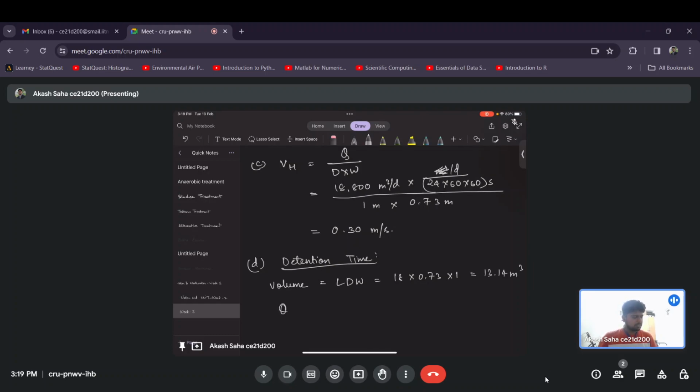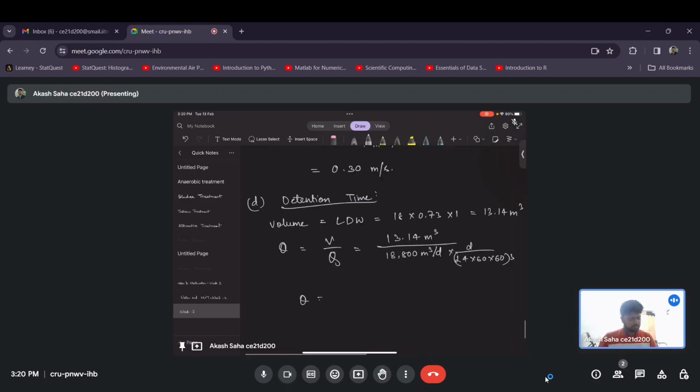And so my detention time theta will be equal to V by Q. So V is 13.4 meter cube and Q is 18,800 meter cube per day. And if I change it into seconds, day by 24 into 60 into 60. So my detention time theta will be equal to around 60 seconds, or I can say it is 1 minute.